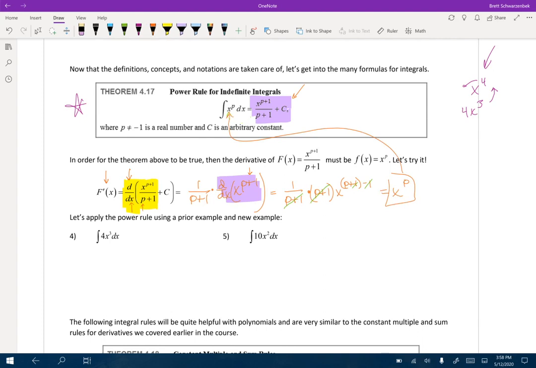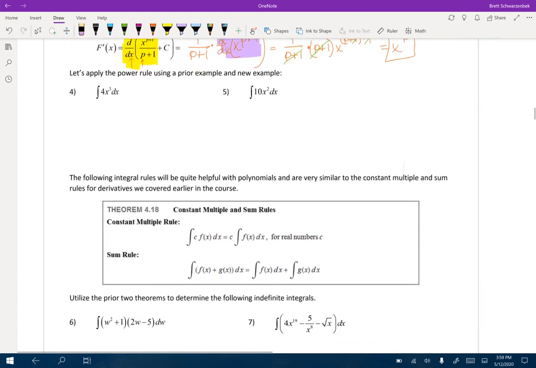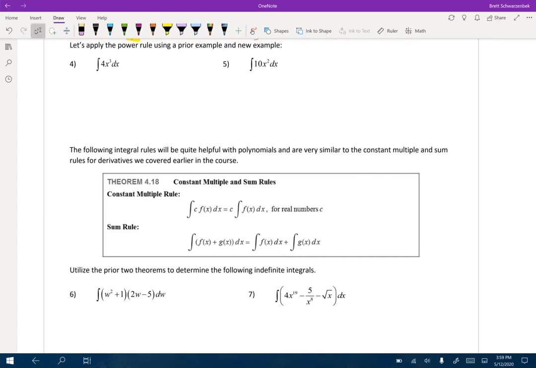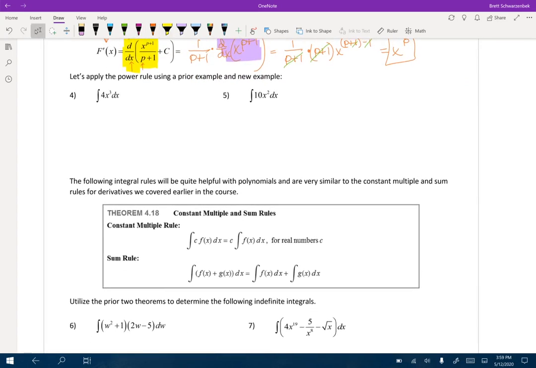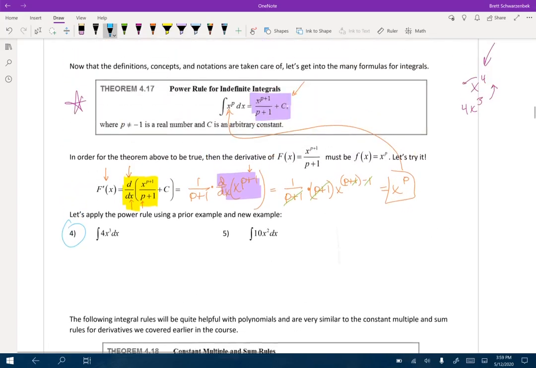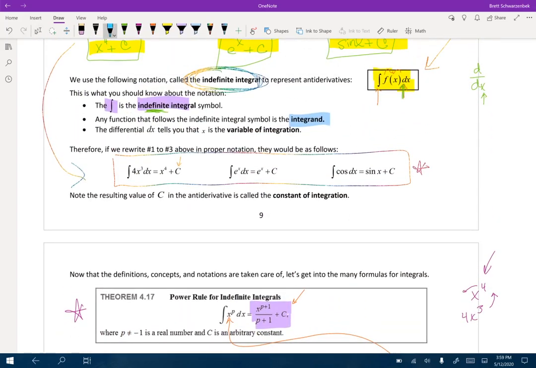That's a proof in which we have proven that this is the proper formula for finding the antiderivative of any power function. Okay, let's do some examples. I brought back the equation that we did the mental math for right here.